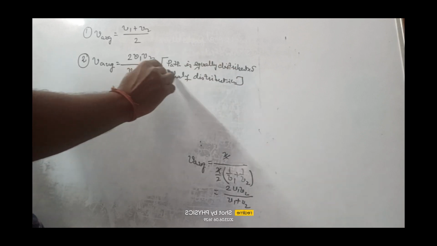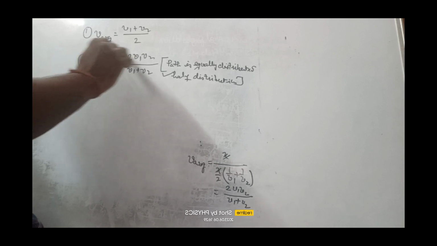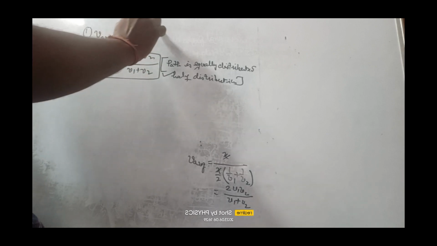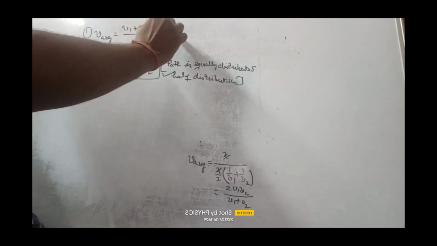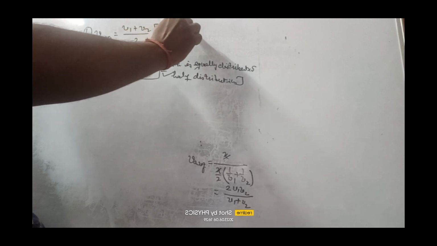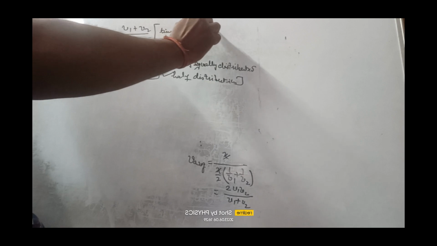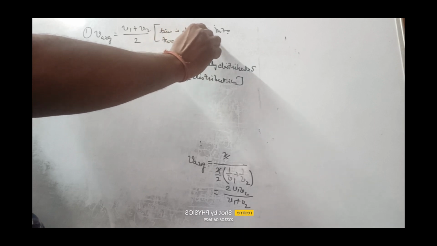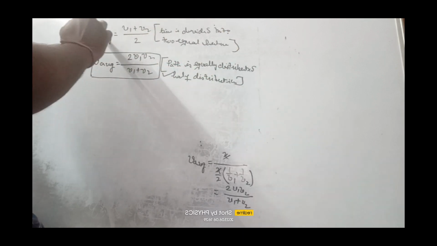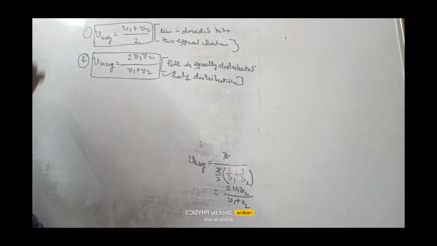If the path is divided into halves, we apply the second formula, and if the time is divided into two equal halves, then we can apply the first formula. We have to remember this.